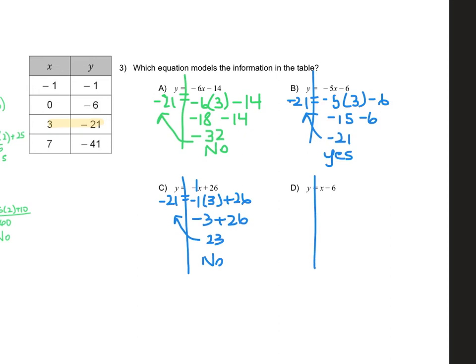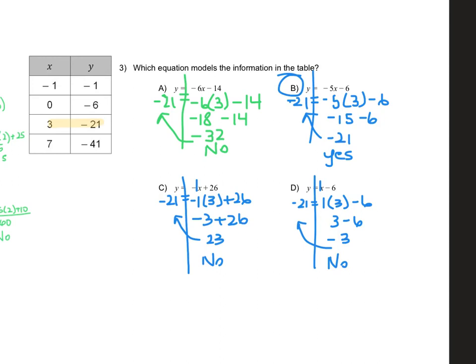Now again, there's an x by itself, so you can put that invisible 1. Negative 21 equals 1 times 3 minus 6. The signs are different because that's a positive 3 and a negative 6. So subtract the numbers and take the sign of the larger, the 6. And that does not come out right. So the answer to this one will be choice B.